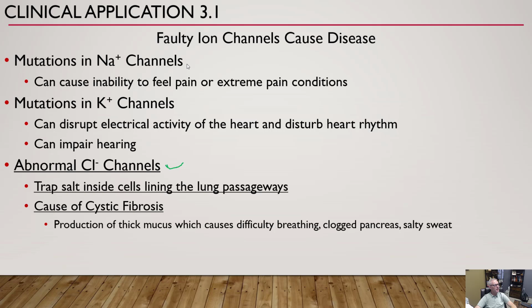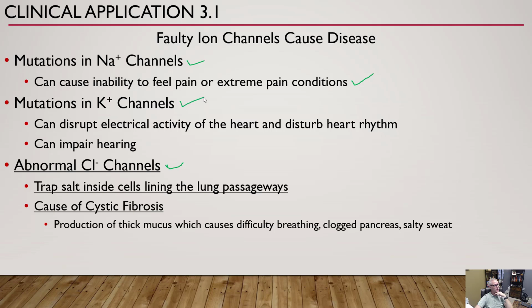But we also have mutations in sodium channels, which could result in the inability to feel pain or cause patients to feel extreme pain conditions. And we'll revisit this in Chapter 9.